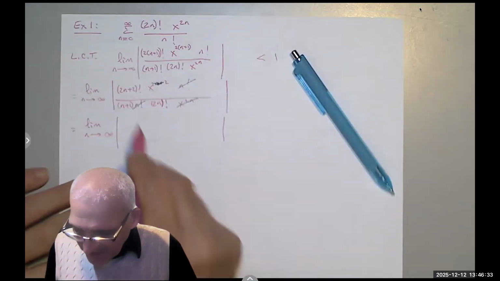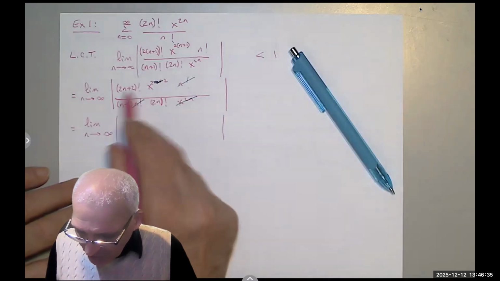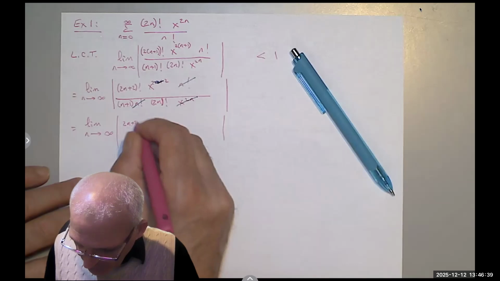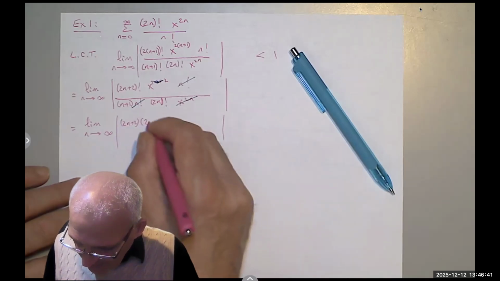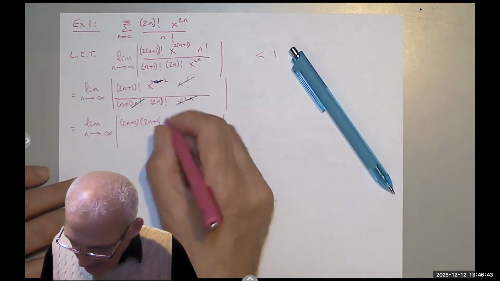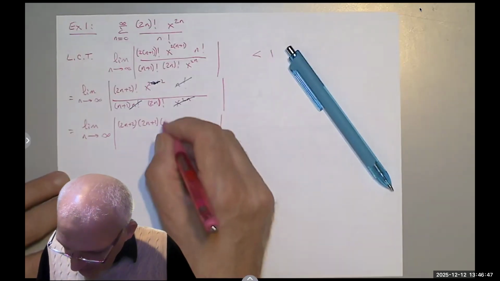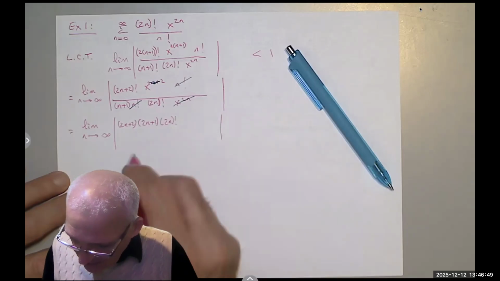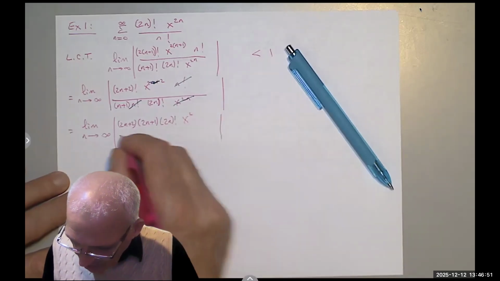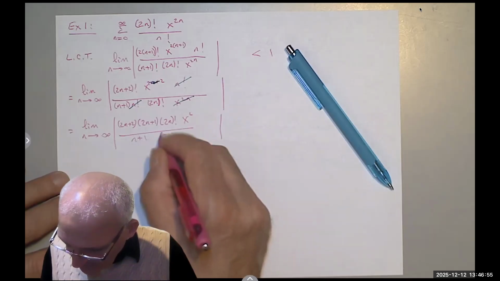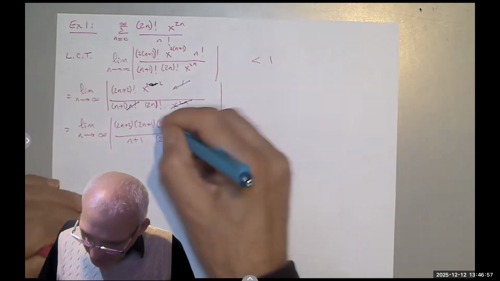So now what remains to be done is to rewrite this as 2n plus 2 times 2n plus 1 times 2n factorial x squared over n plus 1 2n factorial, and these two would cancel.